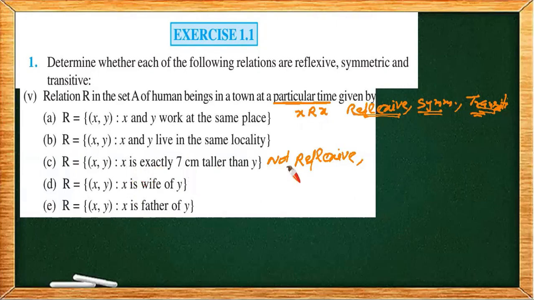Now, if x is related to y, then x will be taller than y. Then it will not imply that y will be taller than x. If x is taller than y, then y cannot be taller than x. So relation R is not symmetric.